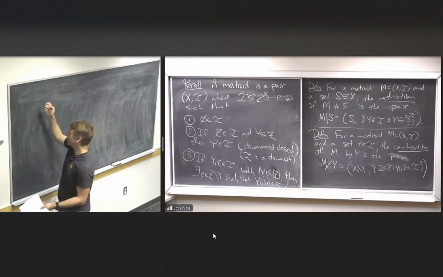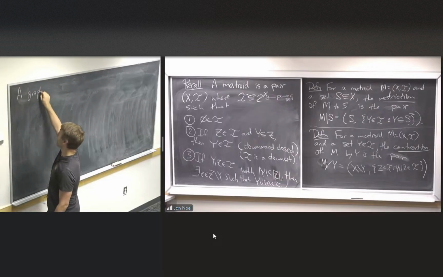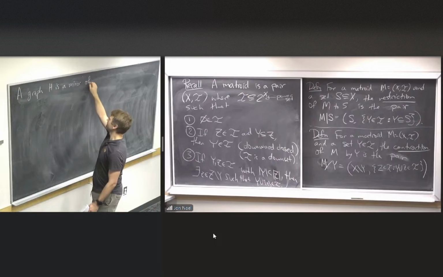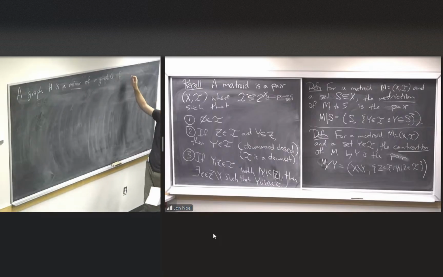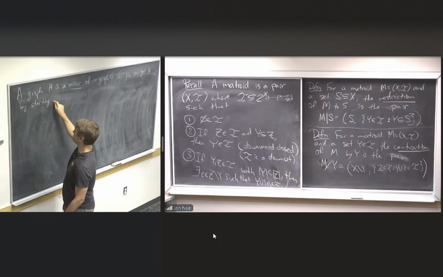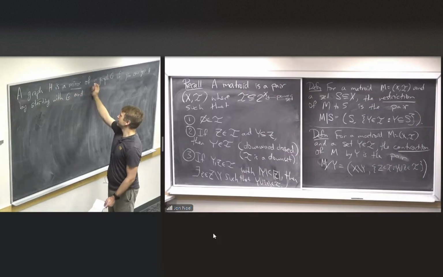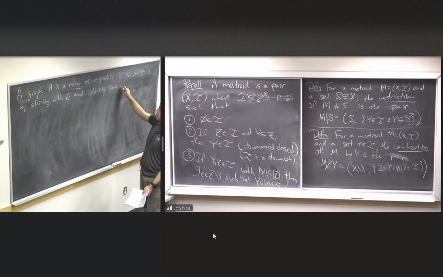So in graph minors, a graph H is a minor of a graph G if you can get H by starting with G and deleting some vertices and edges.